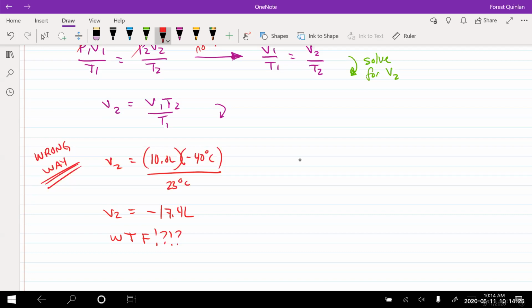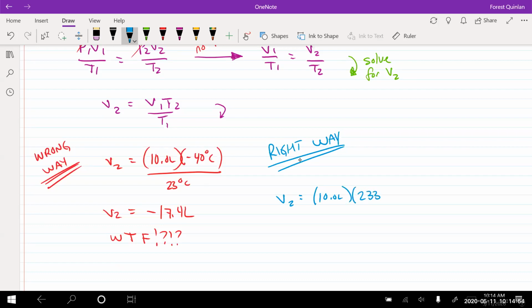And so we cannot use Celsius, Fahrenheit, any of that to do this. We have to have a temperature scale that will not do that to us. So let's do it the right way. And that's going to be the V2 is equal still to our 10.0 liters, but we're going to take the negative 40 and turn it into Kelvin.